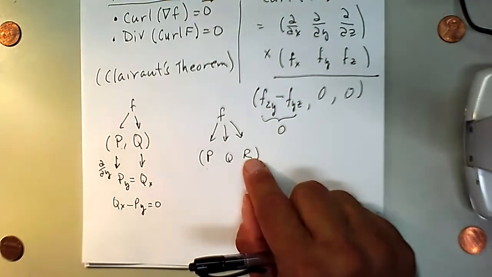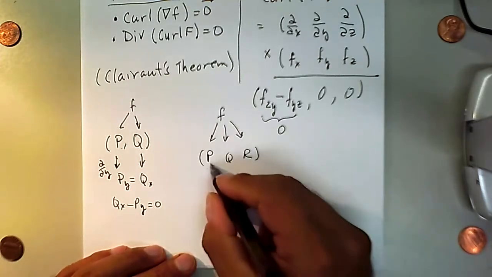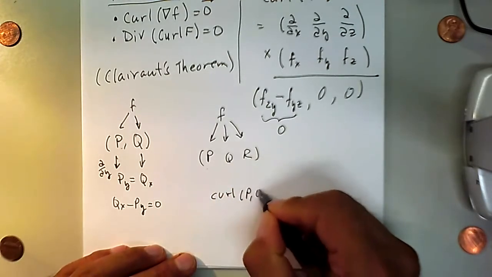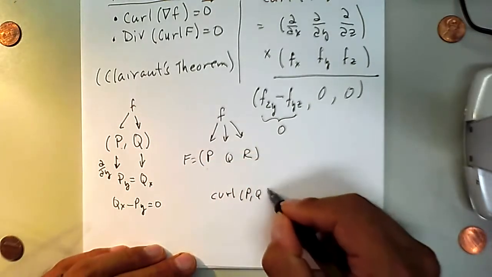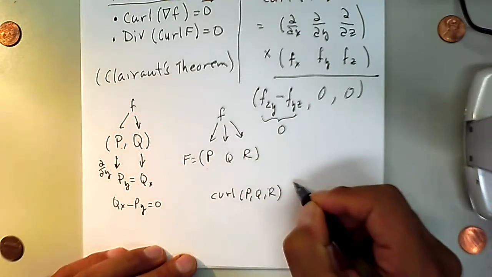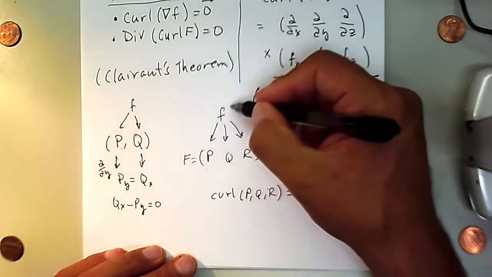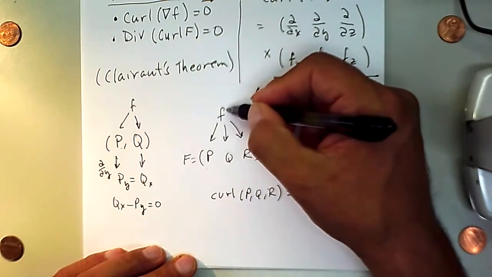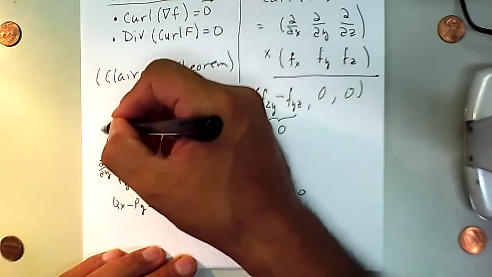But we can find the curl of PQR, which we typically call F. And if we get 0, then yes, we will have a function whose gradient is this vector field, just like we did back here.